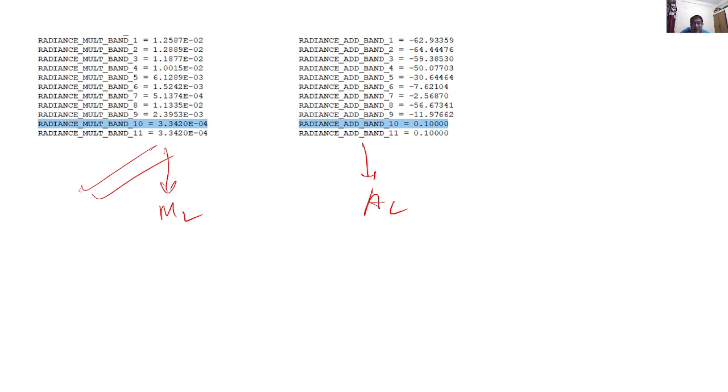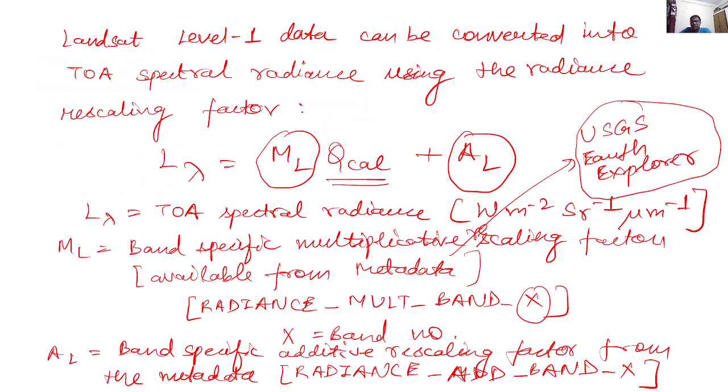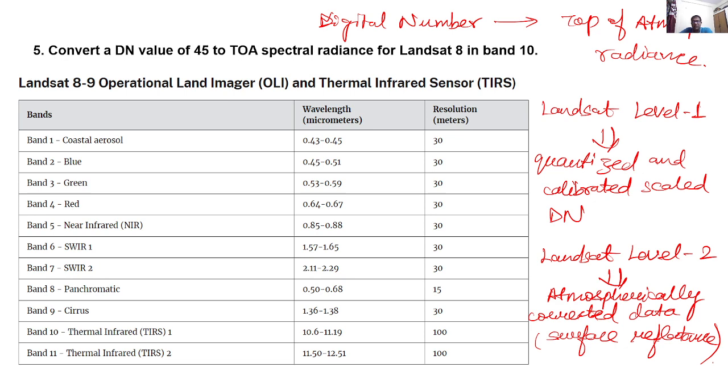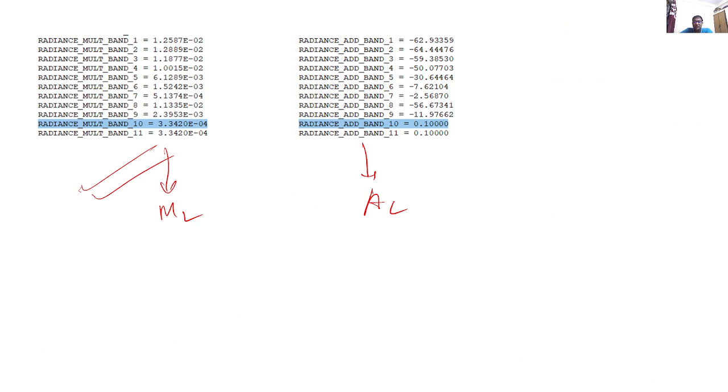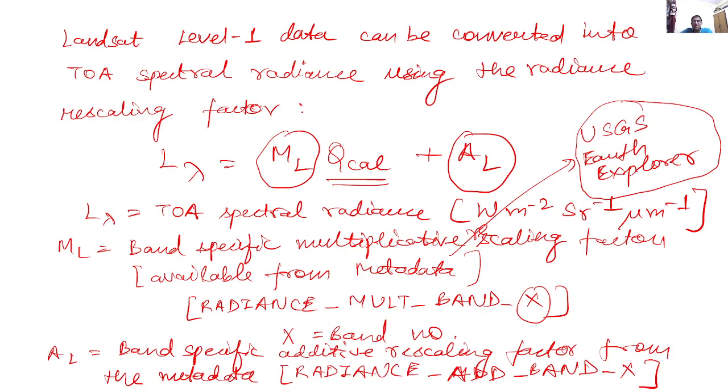And you can clearly see the changes with the bands. These are the Landsat 8 bands. There are 11 of them. With the changes in the band numbers, the multiplicative rescaling factor as well as the additive rescaling factor are changing.